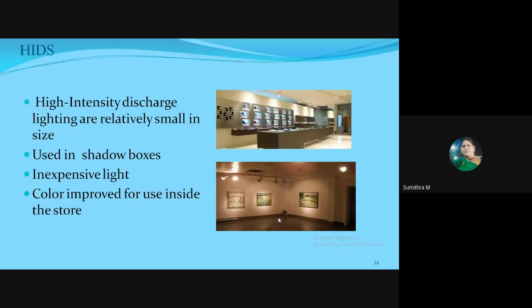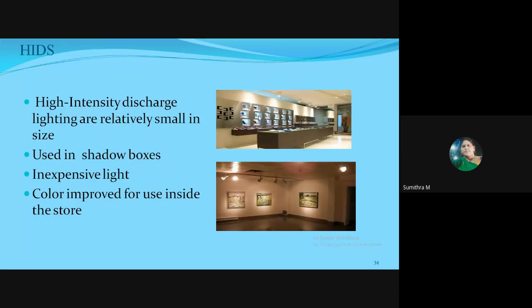High intensity discharge lighting. See, here it's like shadow boxes, mostly in the jewelry shops. They'll have shadow boxes. Inside the box, small products like sticks or some bangles are going to be placed. And if you see, in all the corners, they'll use high intensity discharge lighting.